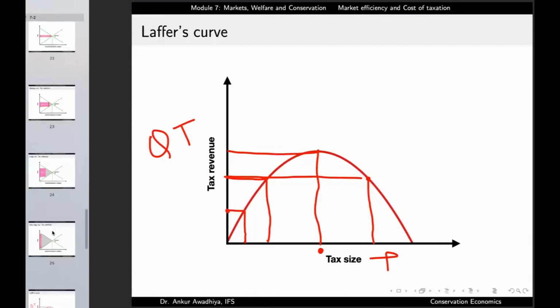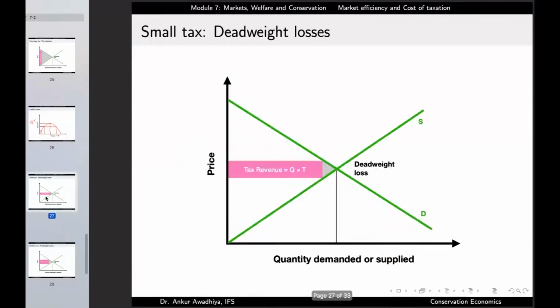But another thing also happens at the same time. Now, if you concentrate on the deadweight losses, when the t value is very small, the deadweight loss is given by the area of this triangle in gray color. So for a very small amount of t, this area is small.